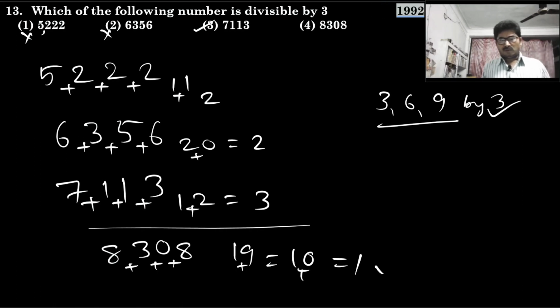So it does not have it. Only this third option is correct. If we got the answer, there is no need of checking the fourth option, children.